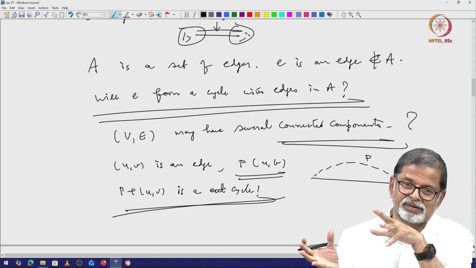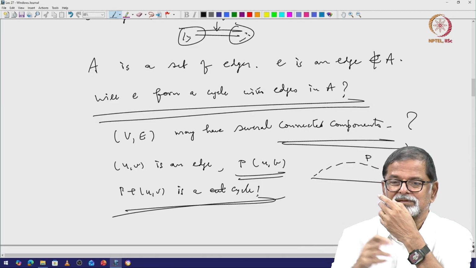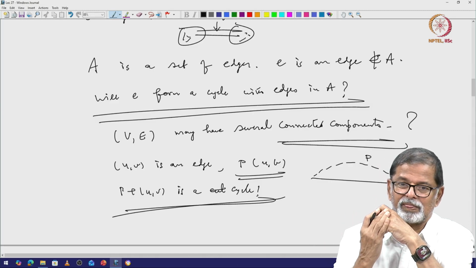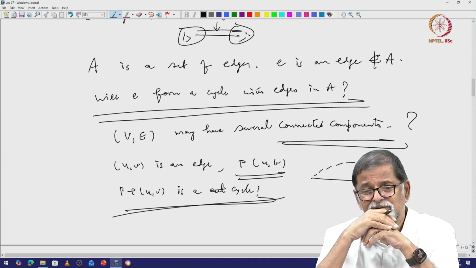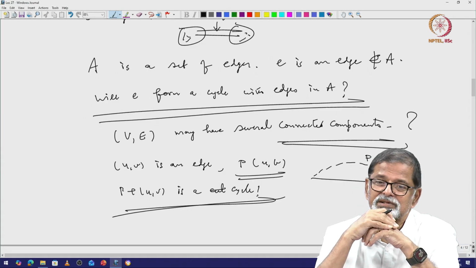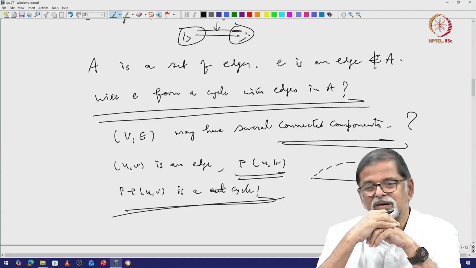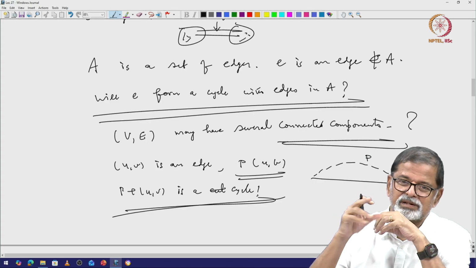All paths, the entire path, must be in the same component. In that case, it will cause a cycle.